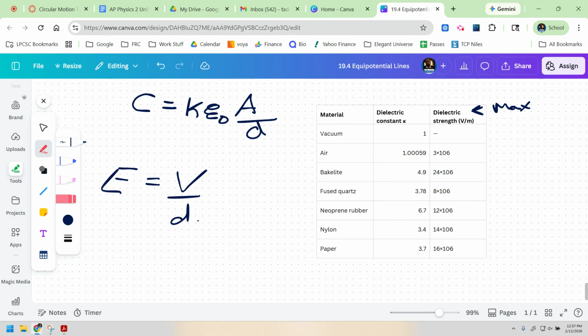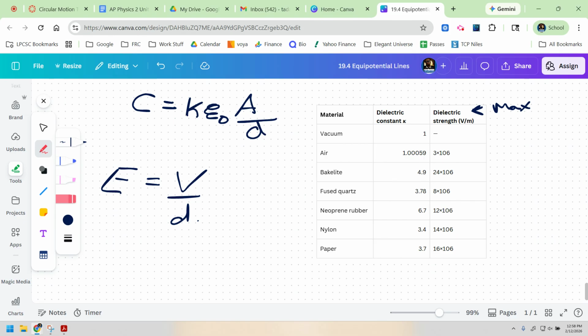They give an example in the textbook. You could just read it. It's about Teflon. So the max you would have, if you have paper, is 16 times 10 to the 6 volts per meter sort of situation.